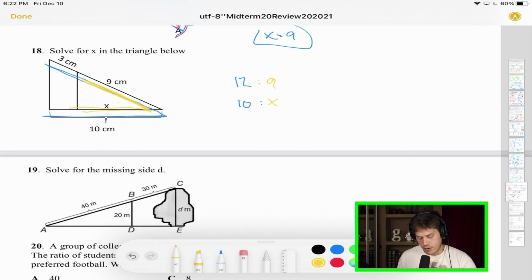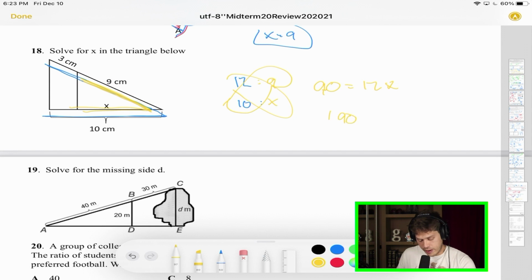So then you just cross multiply and solve. So you have 90 equals 12x. You divide both sides by 12. And what do you get? You're going to get a decimal.